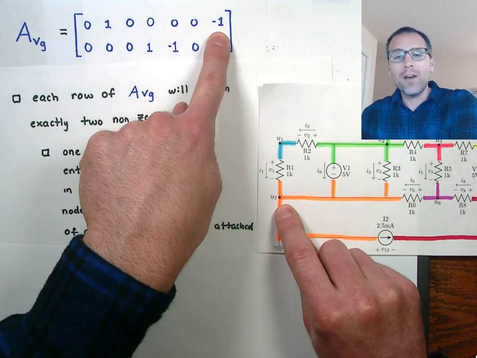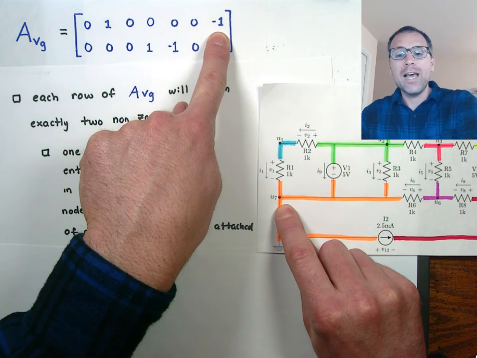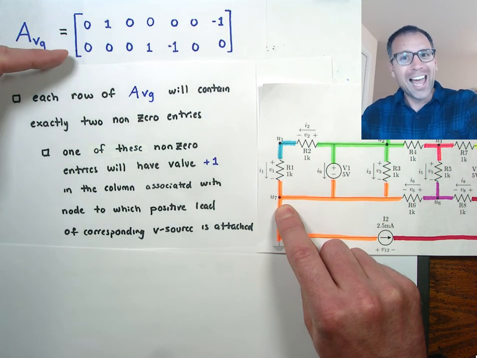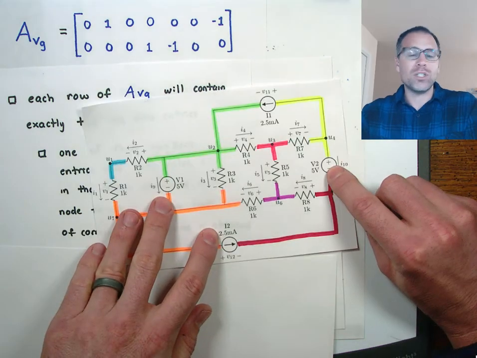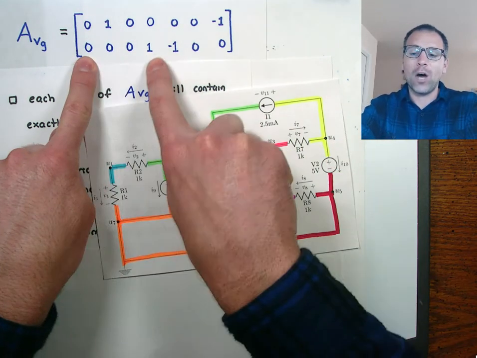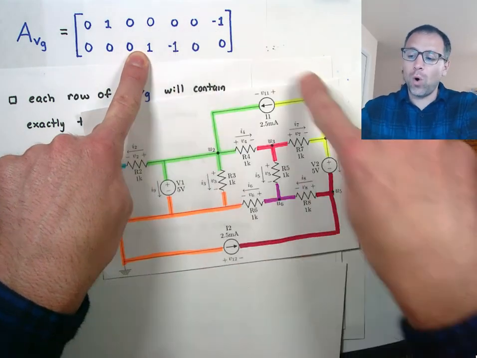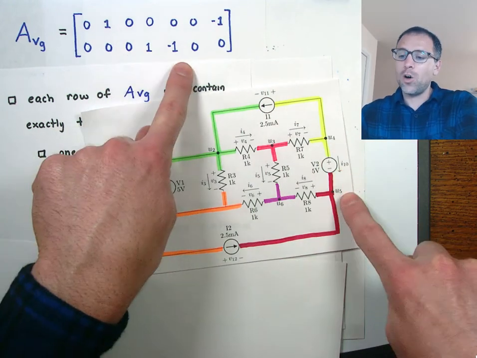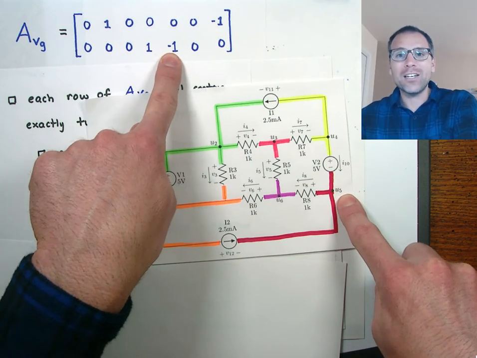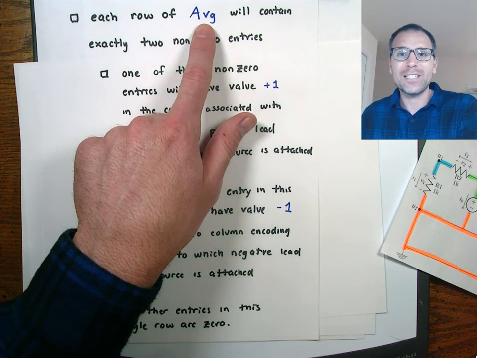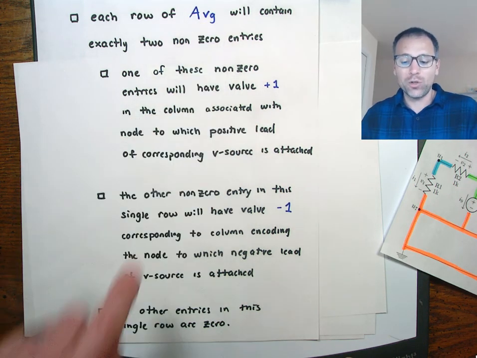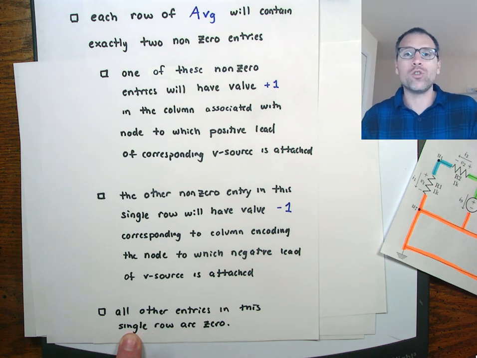The negative 1 value is in column 7. Similarly, for voltage source 2, aka row 2 of this matrix, the positive lead of that voltage source is connected to node 4. Check that out. Positive 1 in column 4. The negative lead is connected to node 5. Negative 1 in column 5. So, each row of this thing is really special in the sense that it only has 2 non-zero entries. Every other entry in an individual row is 0.